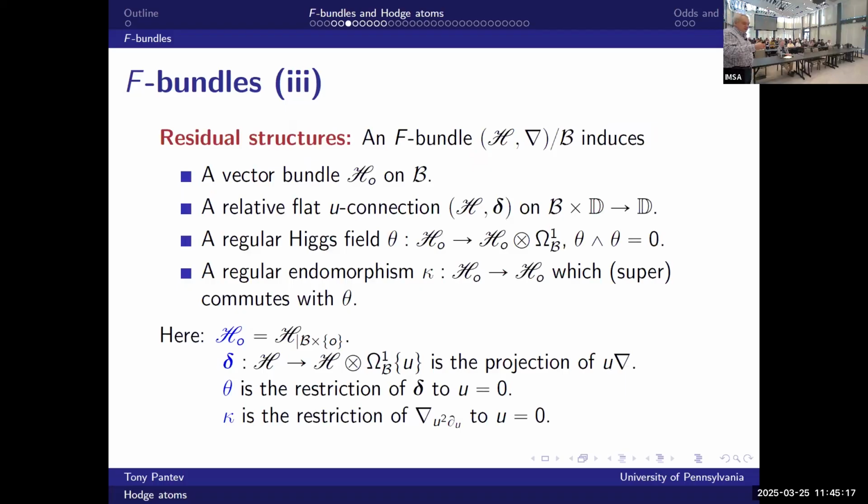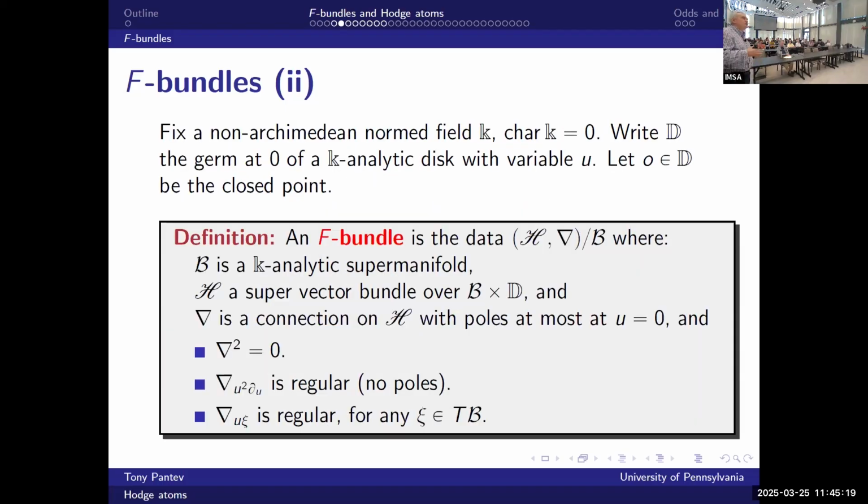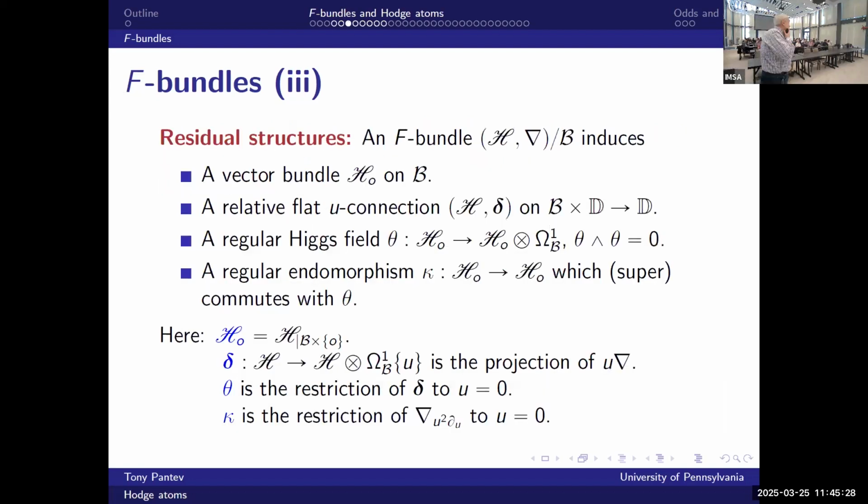Now, once you get this data, this F bundle data, so it's just a bundle with connection on a supermanifold across a disk, you get a lot of residual structures. So you get the vector bundle on the manifold just by restricting at the origin of the disk. You get a U connection.